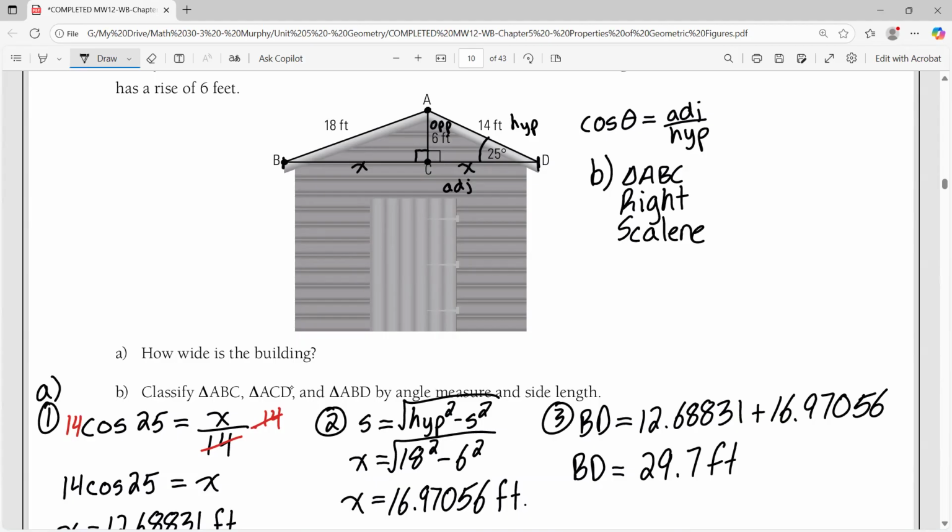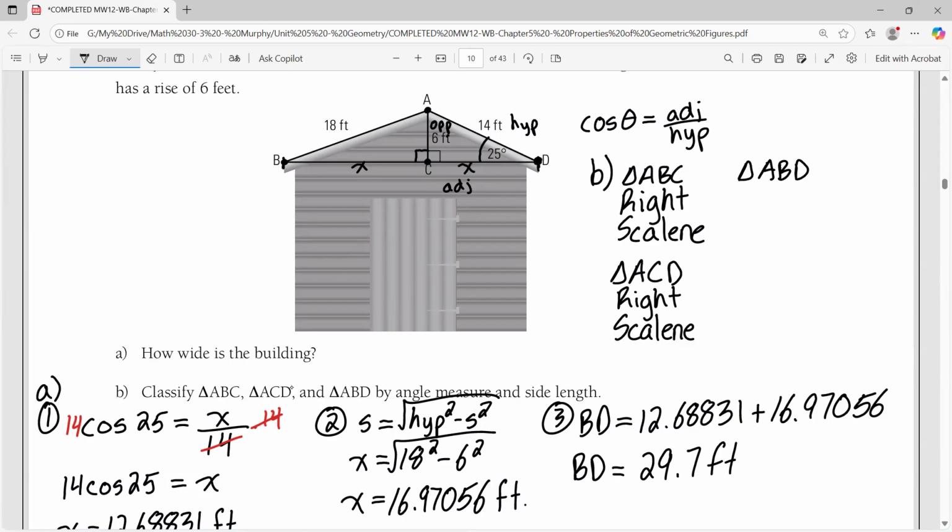Triangle A, C, and D. So that's from A to C over to D. We also have a right angle triangle. And the sides are all different lengths, so scalene. Okay. And then triangle ABD. So the whole thing.